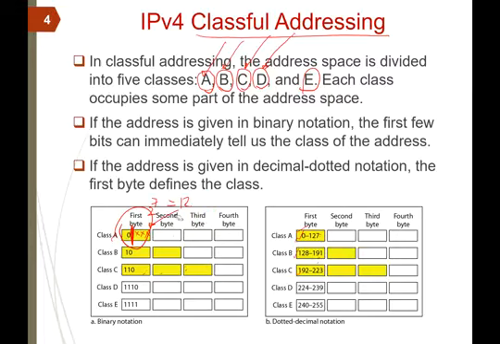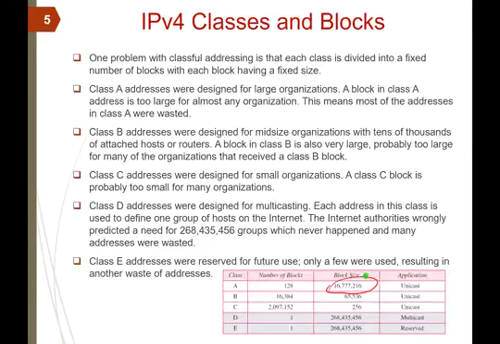So you can give only 128 Class A IP addresses if you want to give them a full block. For example, a company like Google or Microsoft can purchase an IP address of Class A, and it can give IP addresses to 16 million hosts in its network.